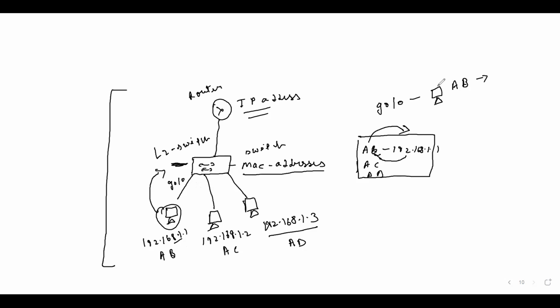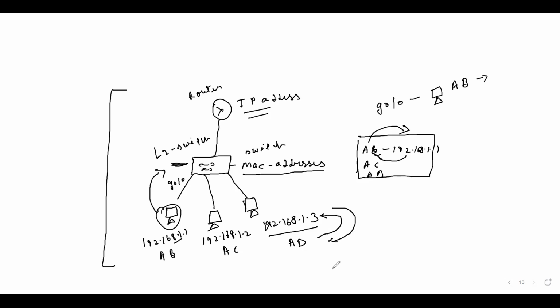Is it through the MAC address? Through the MAC address he will get the IP. Okay, let's check. I'm just asking how your MAC address is converting into an IP address and an IP address is converting into a MAC address.